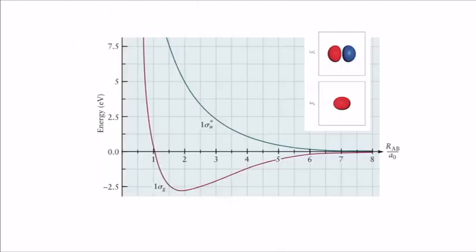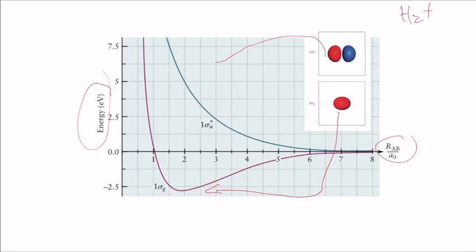So look what we have here. We have the exact calculation of the potential energy as a function of internuclear distance for the molecule H2+. We see that the 1σg and the 1σu are represented, and if we draw a line at our equilibrium, we see that the gain in bonding is not as large as the gain in anti-bonding.